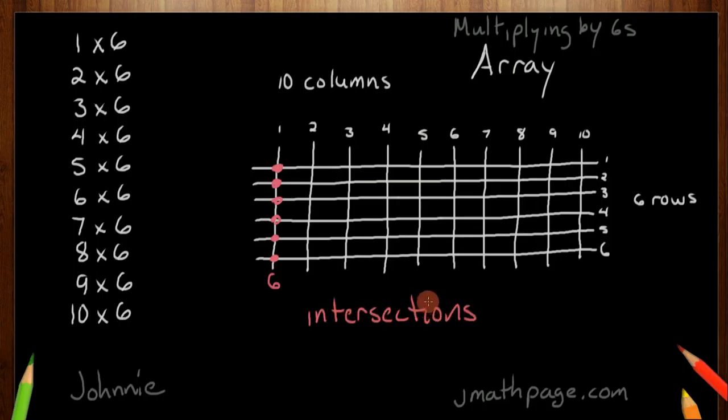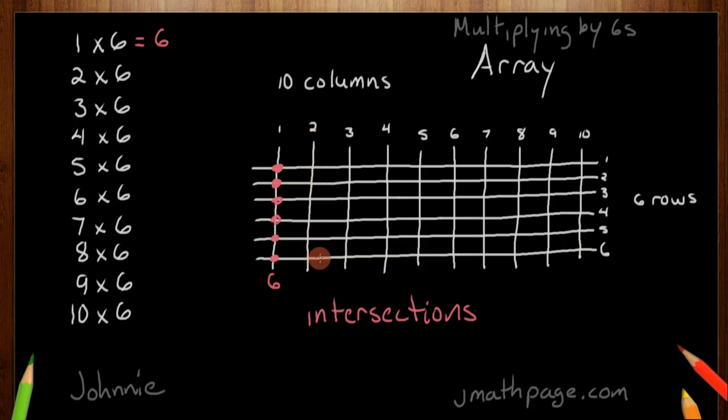This helps me with my multiplication because I can say that when there's 1 column intersecting with 6 rows, I find 6 intersections. What happens when it's 2 times 6, or 2 columns and 6 rows? Well, here's 1 row, here's 1 column, here's the second column, 1 column, 2 columns.